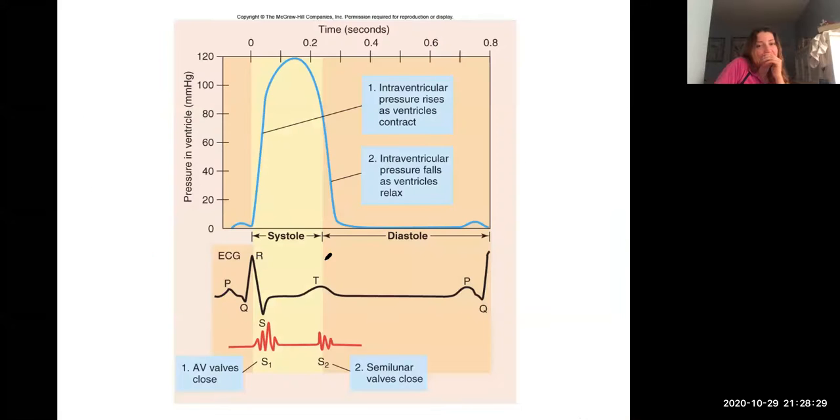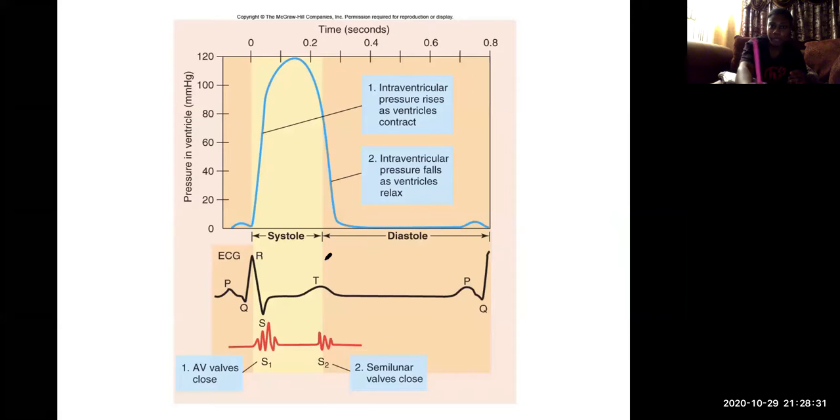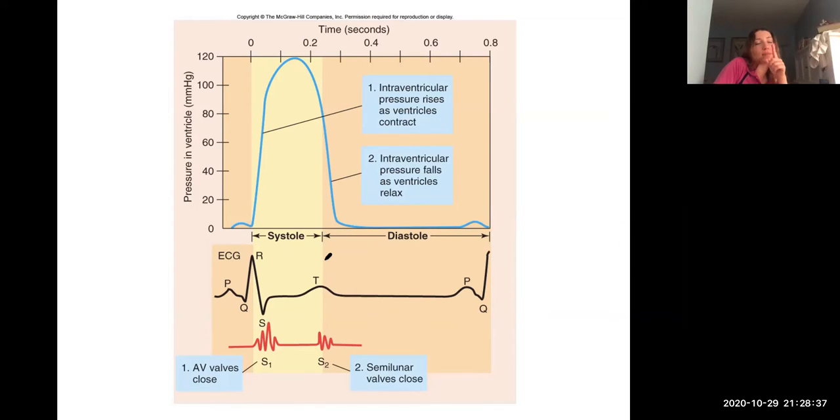Okay, wait, semilunar valve is aortic, AV is atrial. The AV valve is between the atria and the ventricles, so it allows blood to come from the atria to the ventricles.